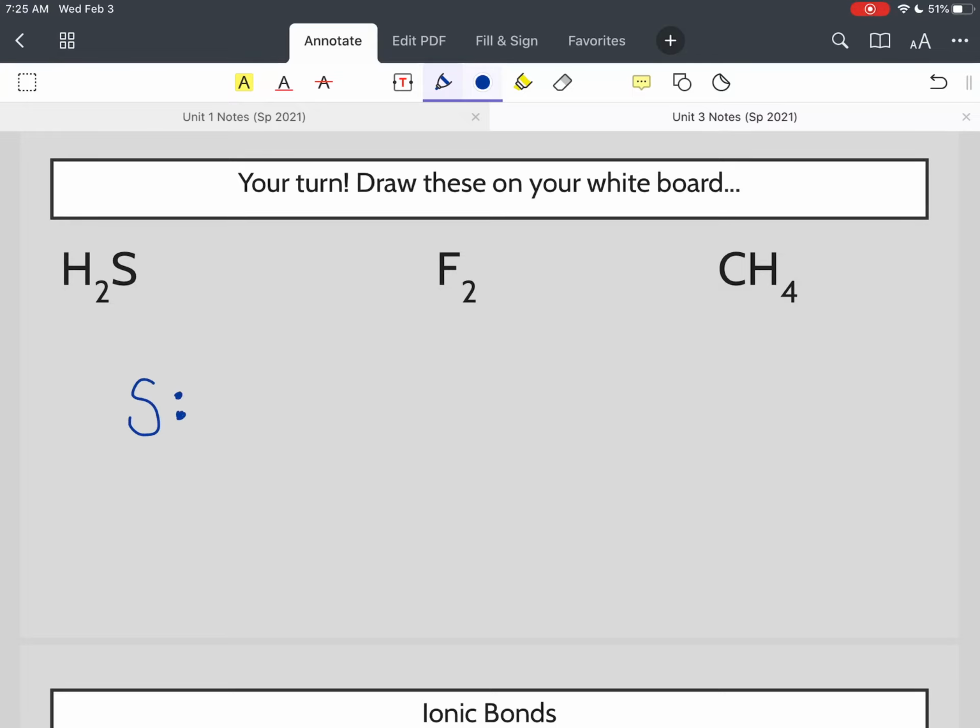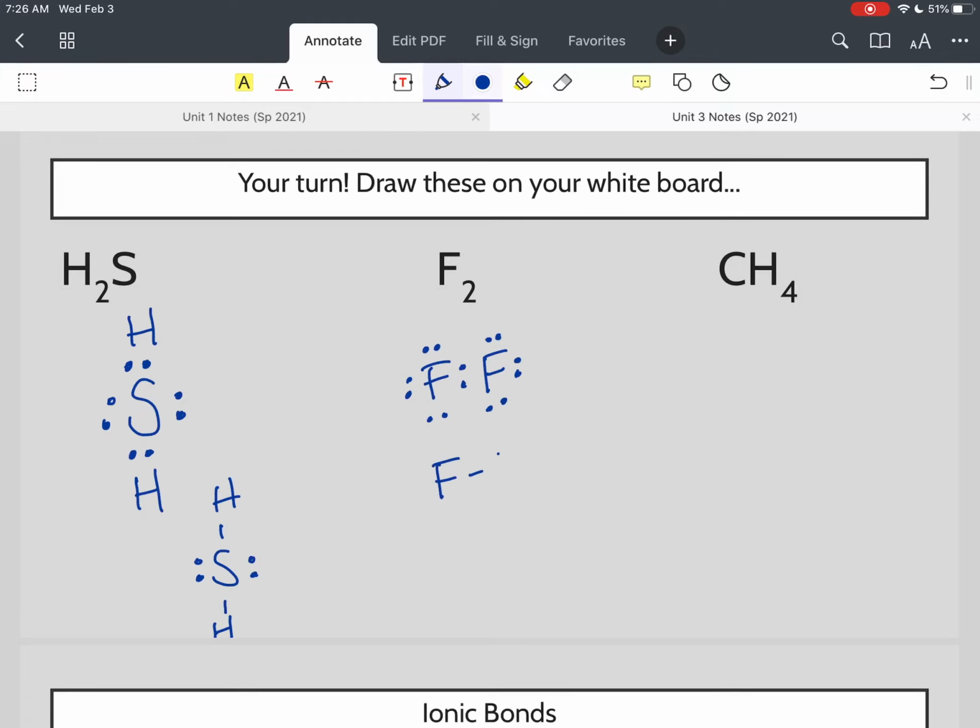So my sulfur's in the middle. Sulfur has 6 valence electrons. Hydrogen just has 1. So I can leave it like that, or I can draw it like that. Fluorine has 7 electrons. They each have 7.